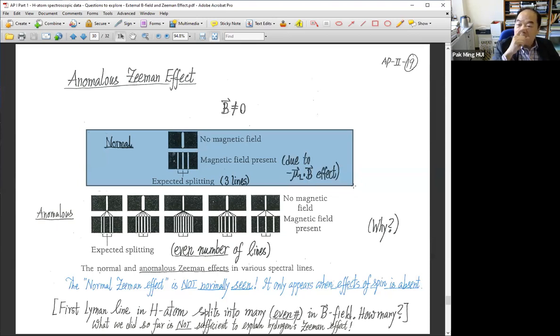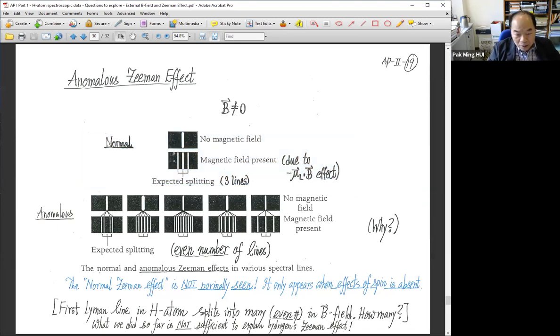Instead, the spectral lines do split, but into a different number of lines. Here I show you several examples. 1 could go into 6 lines. 1 could go into 4 lines. Sometimes it goes into 10 lines.